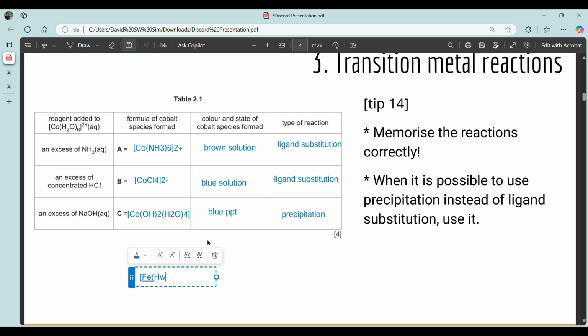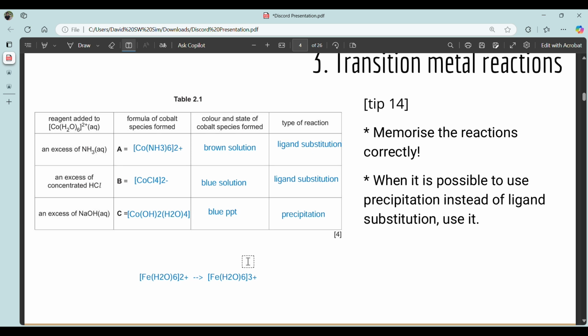Maybe you have Fe(H2O)6 2+ that becomes Fe 3+. When maybe you can have something like this. If you get something like this, then yes, it is a redox reaction.